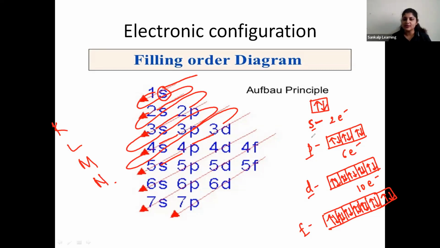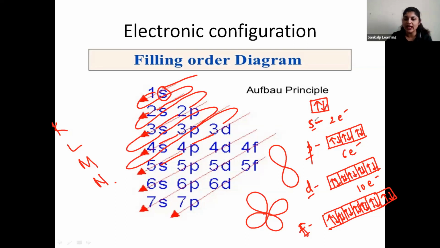P means dumbbell shape. D means double dumbbell. There is no full form for S, P, D, F.